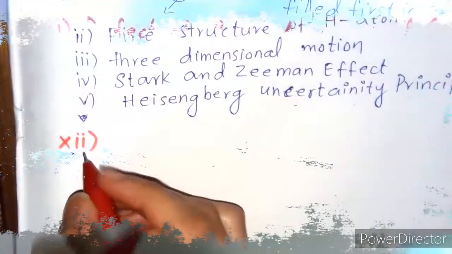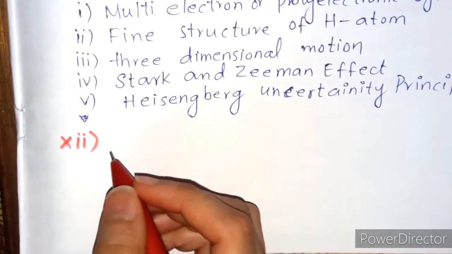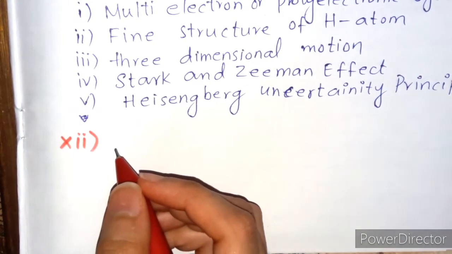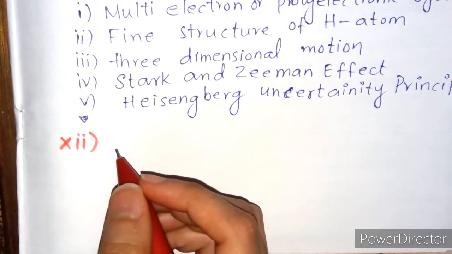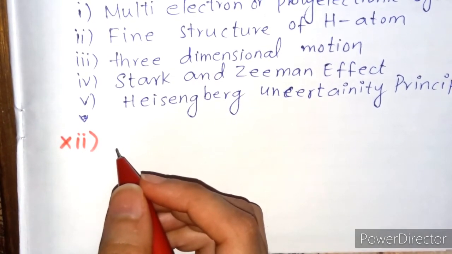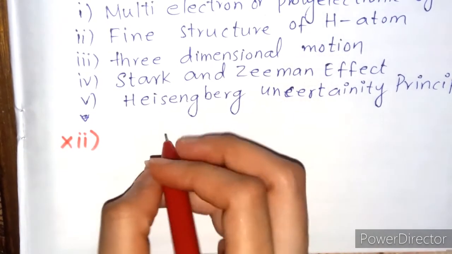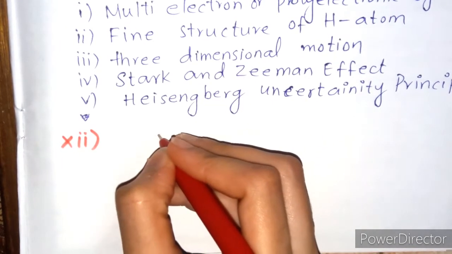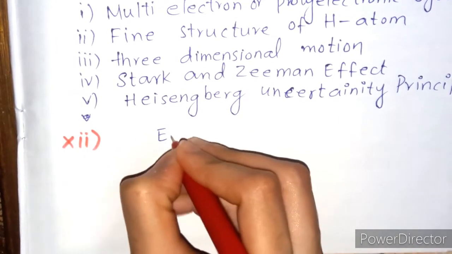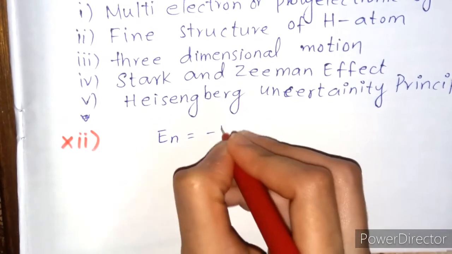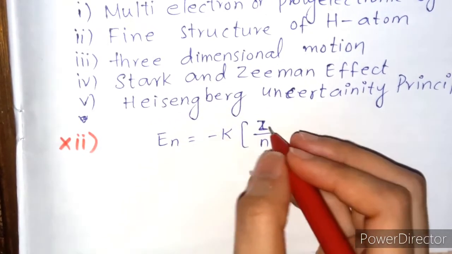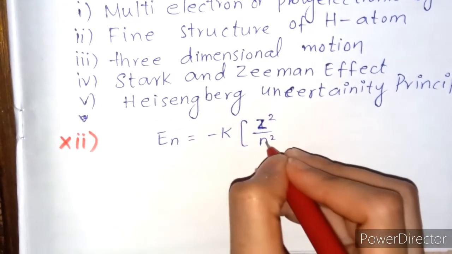Part number 12 is calculate the energy of electron of hydrogen atom in the orbit, for which the value of n is equal to 3. The formula to find energy is En is equal to minus k Z square divided by n square.